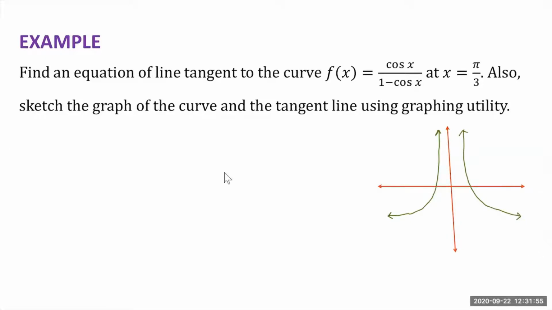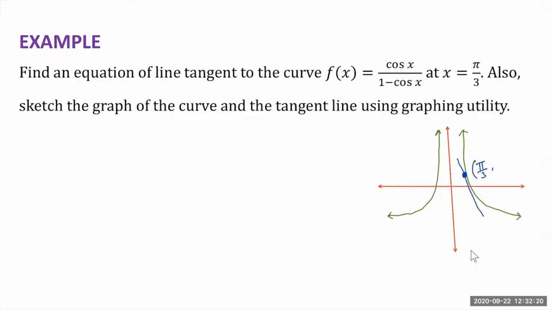If you want to draw the tangent at x equal to pi over 3, then x equal to pi over 3 is somewhere here. I don't know the y value yet, so I'll write that later on. My tangent line will be something like this.